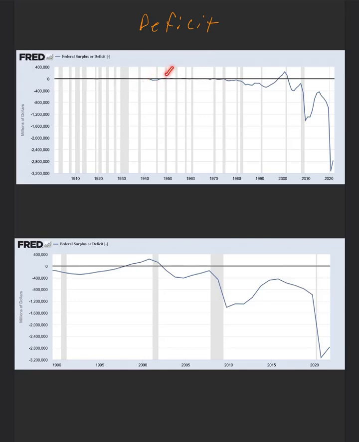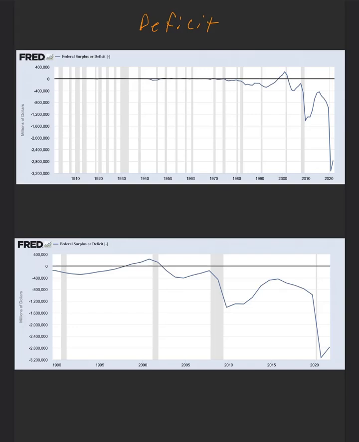If you look real close, you can see there's a surplus that came after the recovery from the war, right? And remember, this is deficit, so this is your year over year. This is not your debt. This is our deficit, right? And you get into the 1970s. That's when we actually see the deficit.